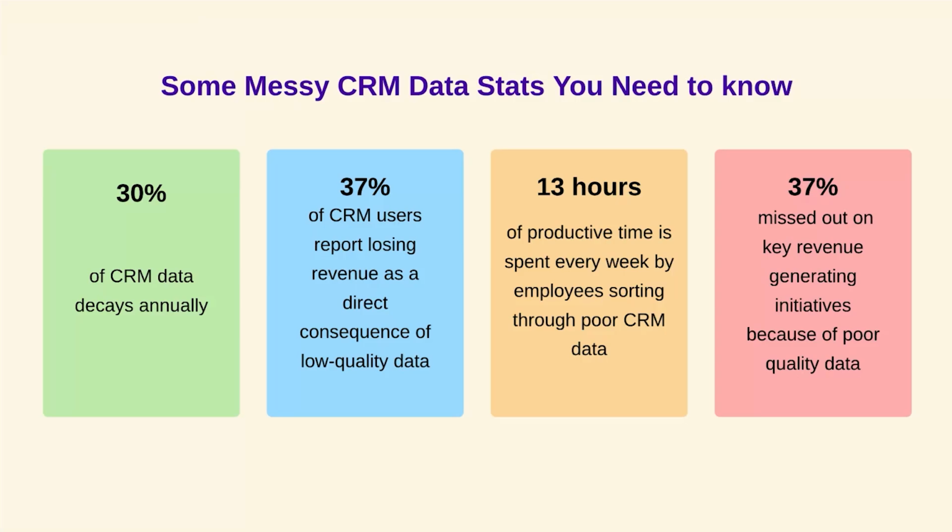And then 37% of CRM users have direct consequences of losing their revenue, and 30 hours of productivity time is lost every week. There are also stats that say 37% of people miss out on key revenue generating initiatives.